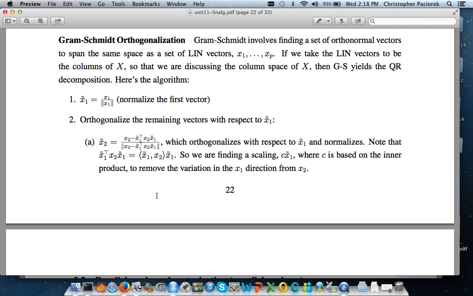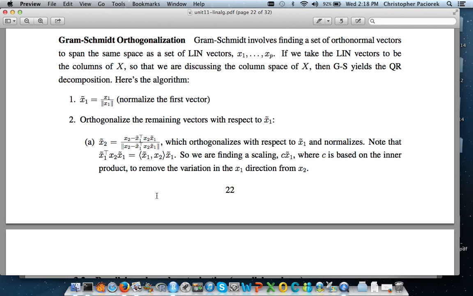If we want to reconstruct the original x, since everything below here is 0, I could just think of Q times R as taking a weighted average of the columns. So I'm going to take this element here, and that gets multiplied by the first column. So I have a weight on the first column; I'll call that R11 times x1 tilde. And then I've got R12 times x1 tilde plus R22 times x2 tilde, and so on and so forth.